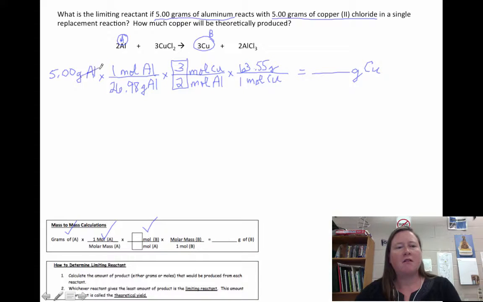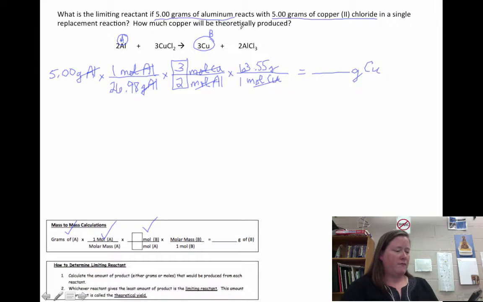Okay, so grams of aluminum cancel, moles of aluminum cancel, moles of copper cancel, and if we go ahead and do the calculation, I have 5.00 divided by 26.98 times 3 divided by 2 times 63.55.